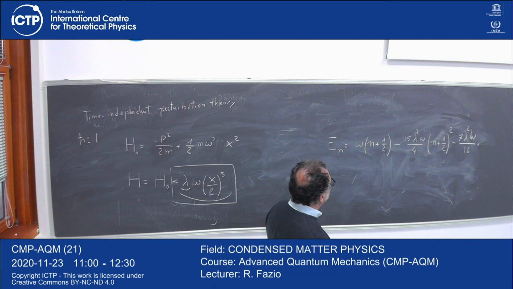So I want to know, can you tell me when you think the perturbation expansion is valid? Do you think it's valid? What is the condition that lambda should obey such that perturbation theory is valid?